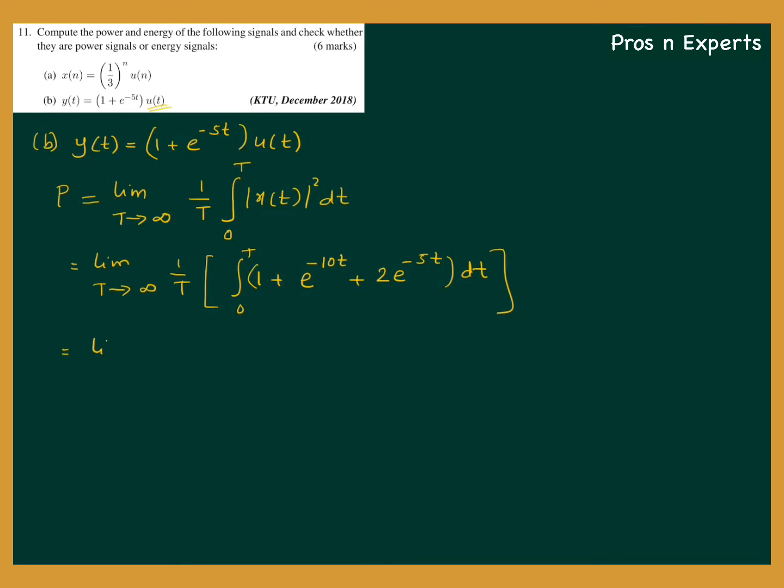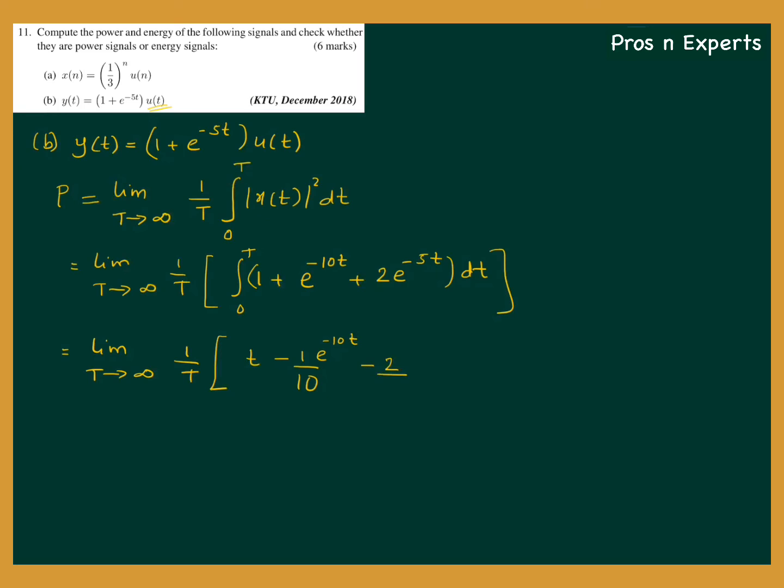So that becomes limit T tends to infinity 1 by T into, what is integral 1? It is t. What is integral e raised to minus 10t? It is minus 1 by 10 e raised to minus 10t. And what is integral of 2 e raised to minus 5t?